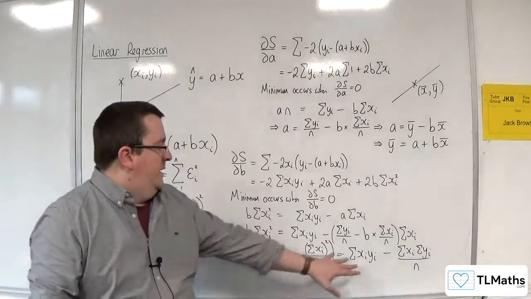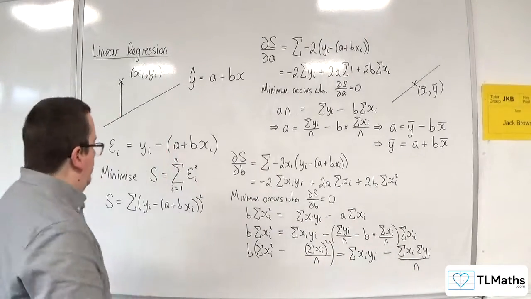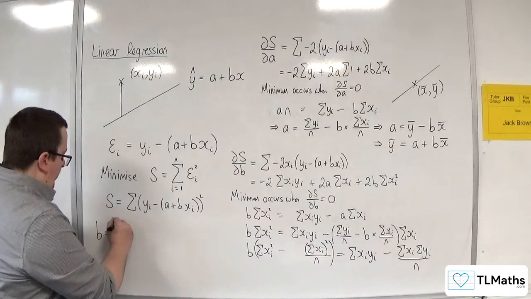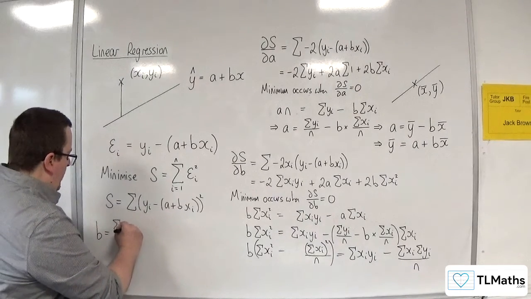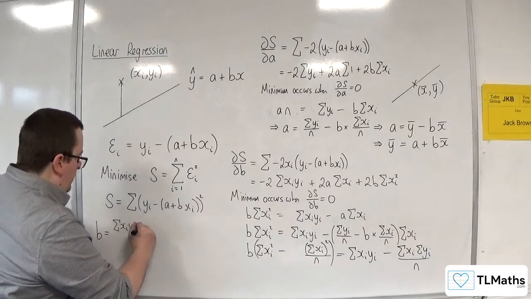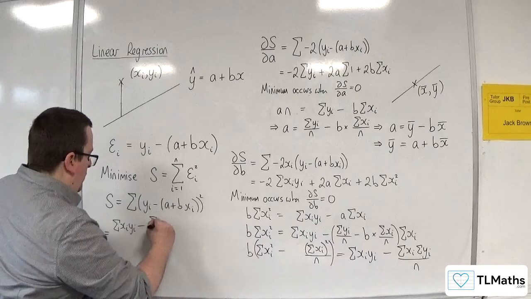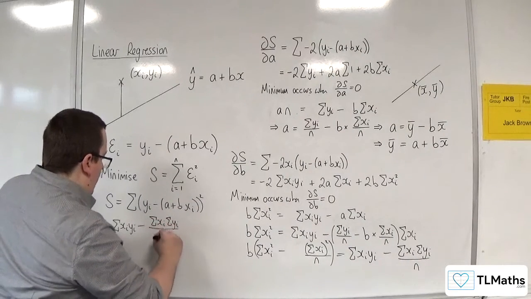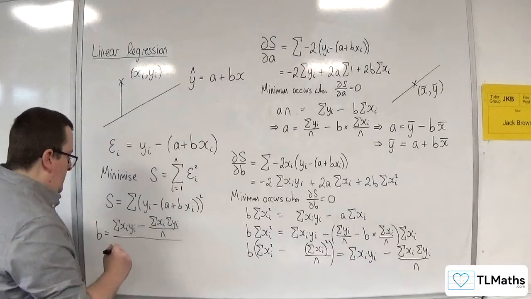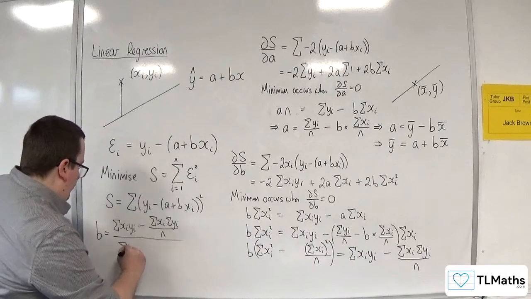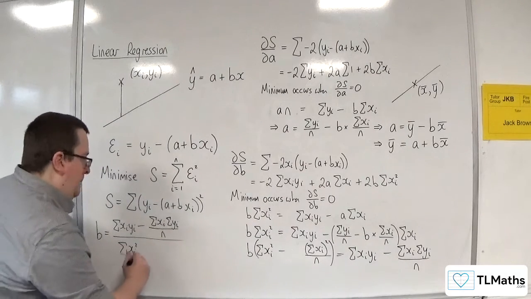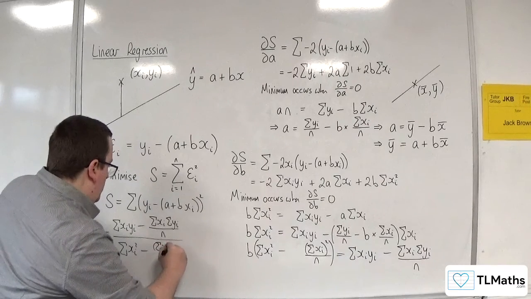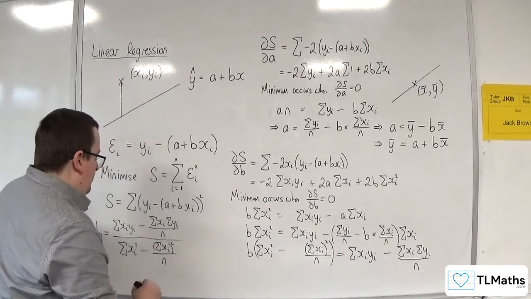So then I can divide both sides by this bracket. And what I'm going to be left with is b is the sum of xi yi take away the sum of xi times the sum of yi over n, divided by the sum of xi squared take away the sum of xi all squared over n.